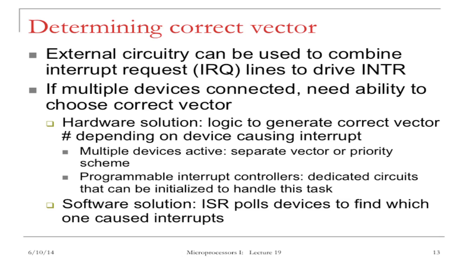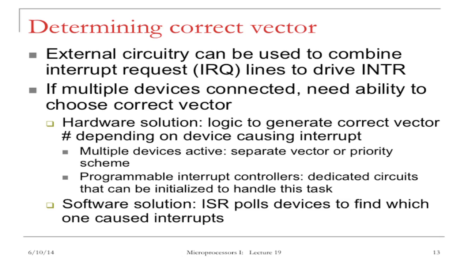But for INTR, we need to be able to figure out, of these many devices, which one sends the request. So the hardware solution is that we're going to have logic to generate the correct vector number depending on the device causing the interrupt.